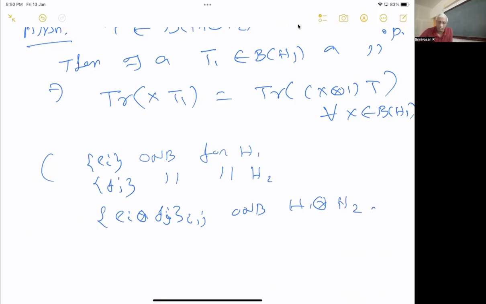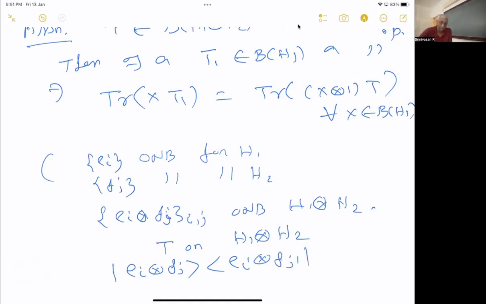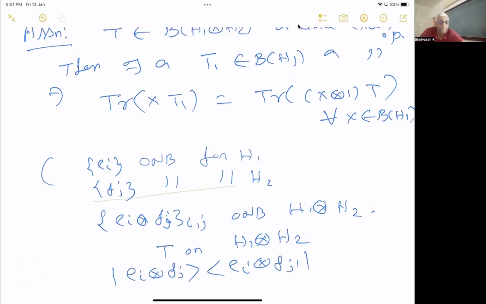Any operator T on H1 tensor H2 you can write through the so-called partial isometries, Ei tensor Fj to Ei prime tensor Fj prime, so you can expand it like this.